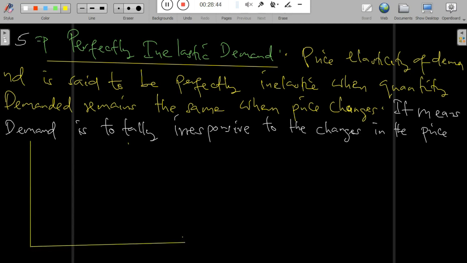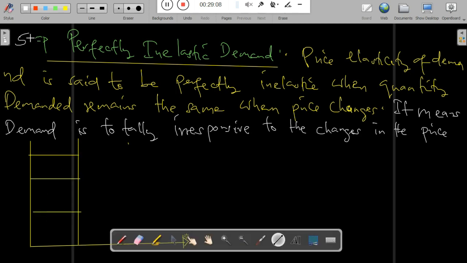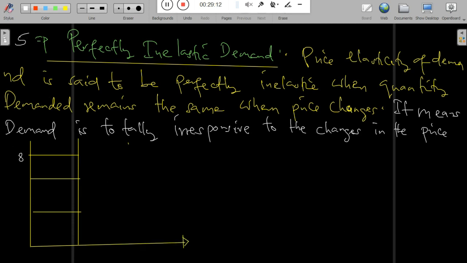It means that demand is totally unresponsive to the change in the price. The numerical measure is equal to 0. So this means that the price level changes while the quantity demanded remains constant. Perfect inelastic demand is whereby the change of prices is observed while the quantity remains constant. So its graph looks like this.